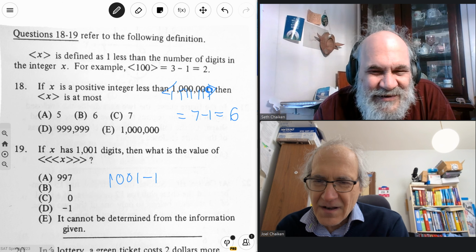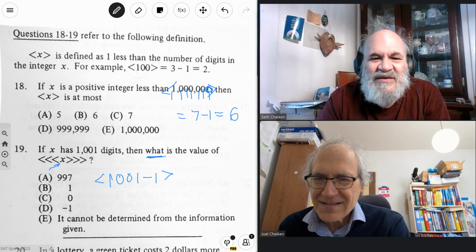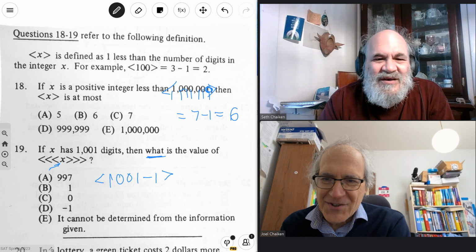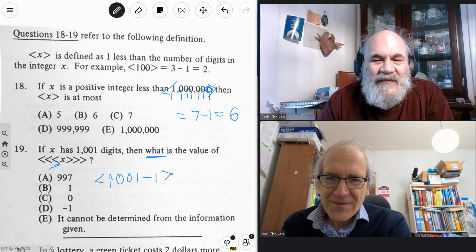What is it? Oh, this thing. So we have to, so this is... No. Then what is the value of this thing? Okay, this is tricky. You have to do this 3 times. You have to do this thing 3 times.